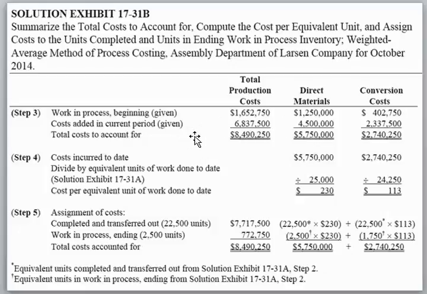The total costs to account for, the work in process beginning plus the cost added in the current period, will be 5,750,000 for direct material and the conversion cost total will be 2,740,250. So the total costs to account for, both direct material and conversion cost, will be 8,490,250.